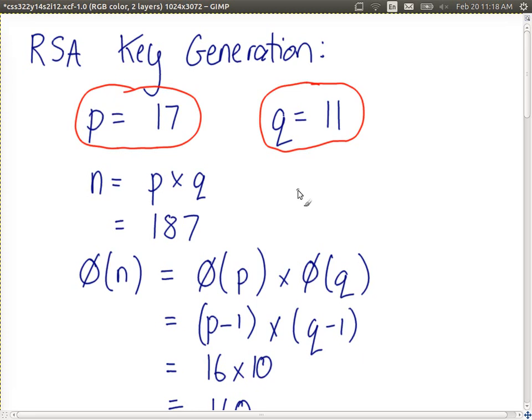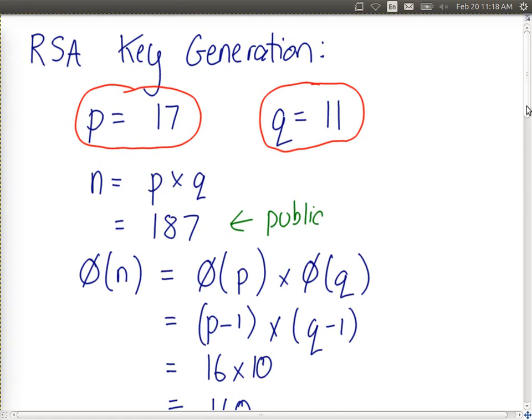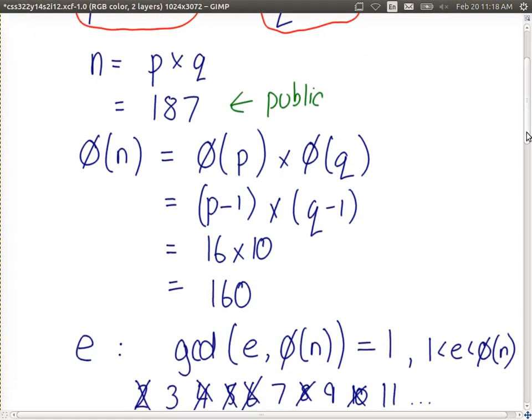So N is public. That is known by others. P and Q must be kept secret. What else must be kept secret? The totient of N. We should not tell anyone 160.